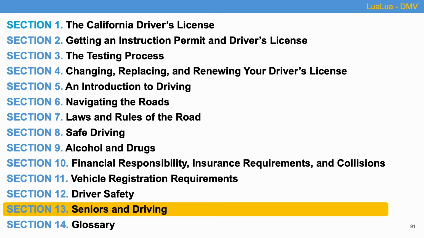DMV's Community Liaison and Outreach. The Community Liaison's primary function is to represent public safety interests for all Californians, with a focus on addressing the concerns of senior drivers and teens. The liaison can assist as a go-between to ensure drivers are treated fairly, consistently with laws and regulations, and with dignity and respect.